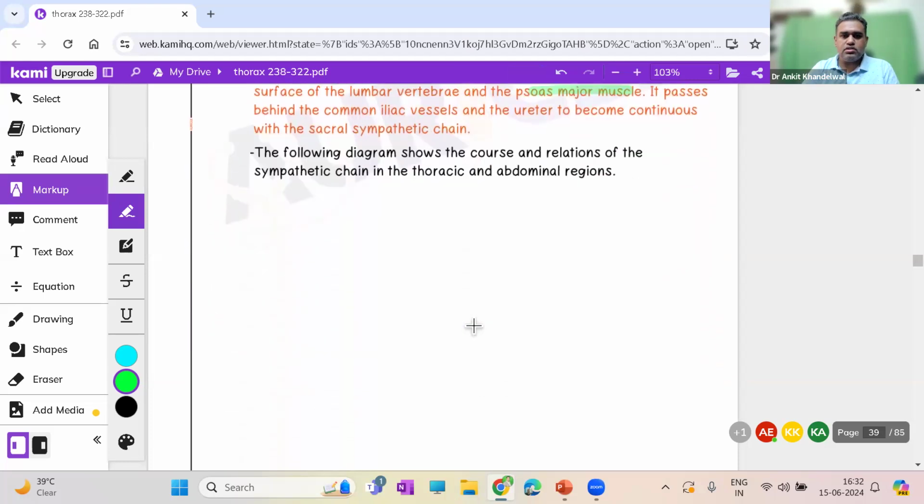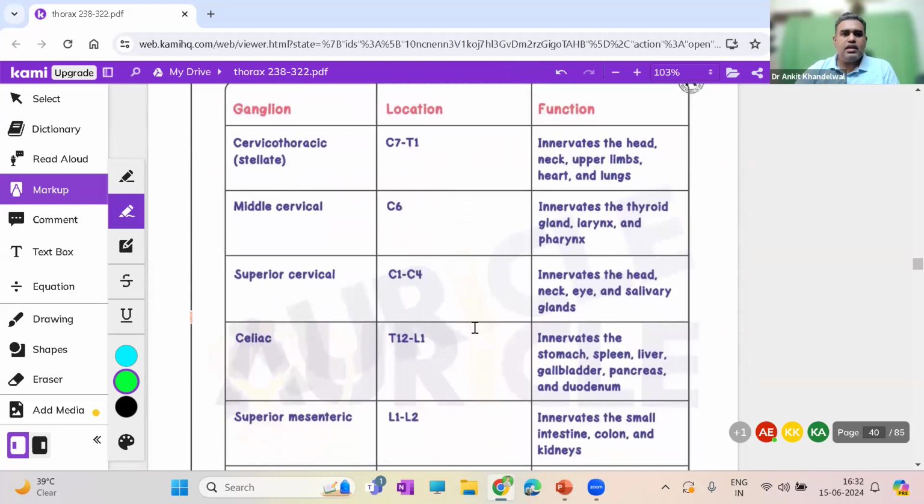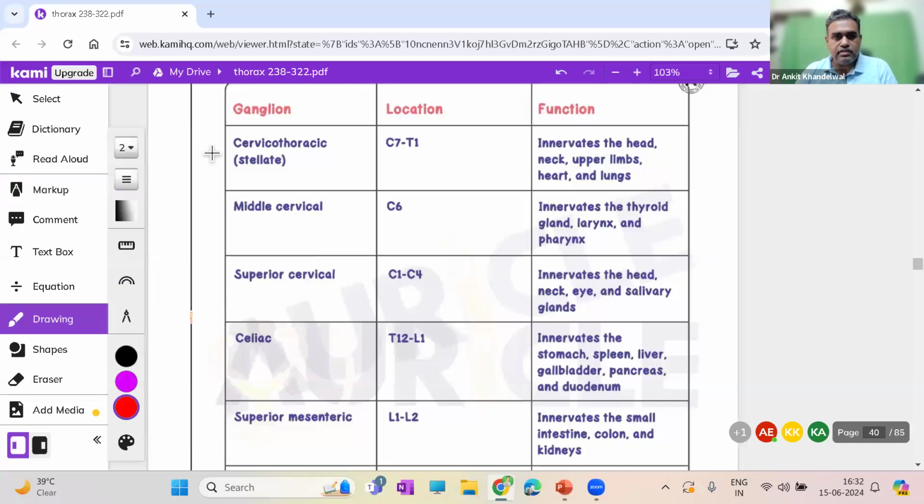The following diagram shows the course relations. So this diagram over here might help you as you go below. But remember this table over here. This table is very, very important. A few sympathetic ganglia are shown: cervicothoracic ganglia, also known as stellate ganglia, the middle cervical, superior cervical, and celiac ganglia.